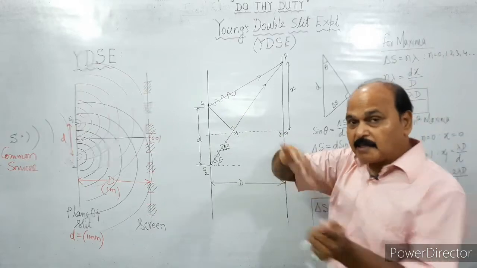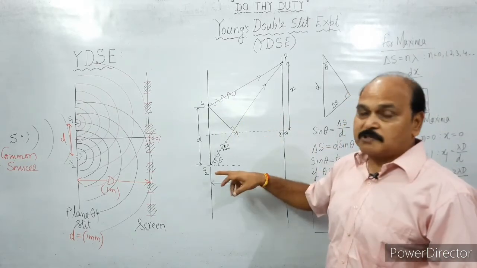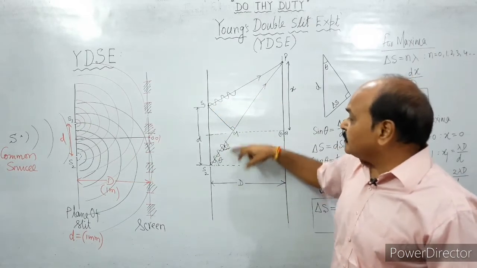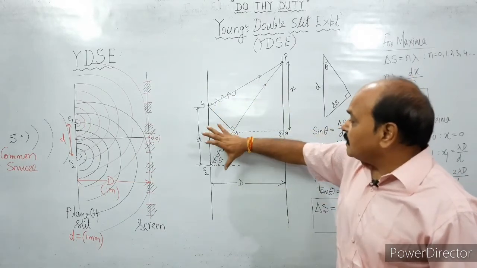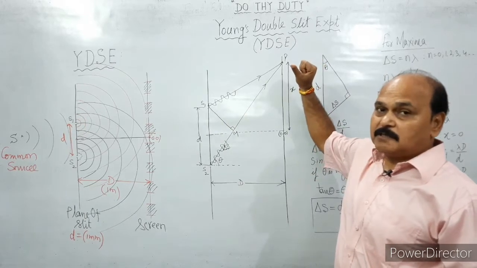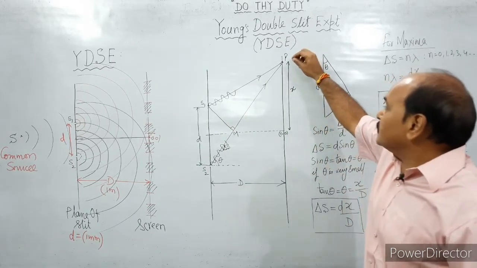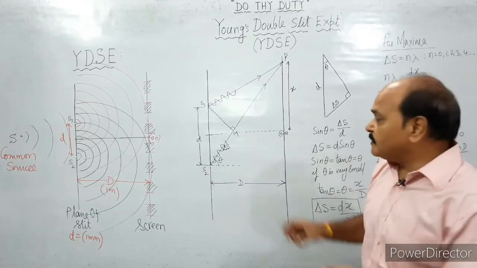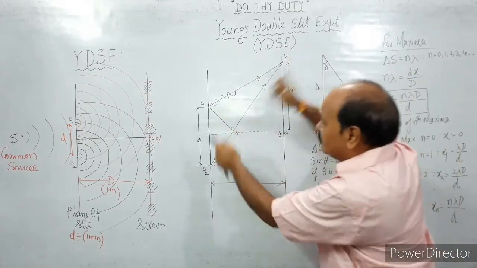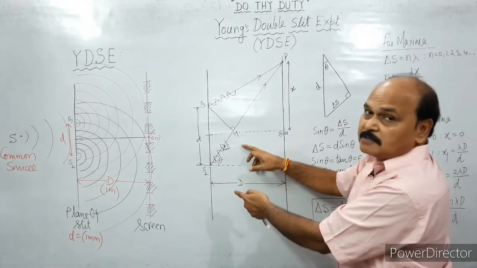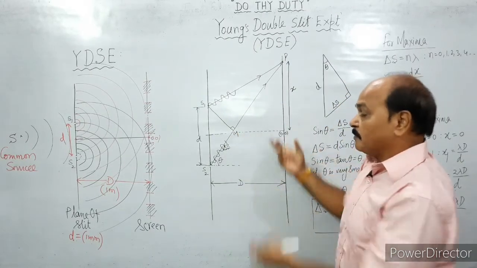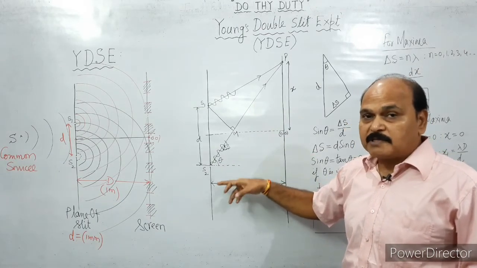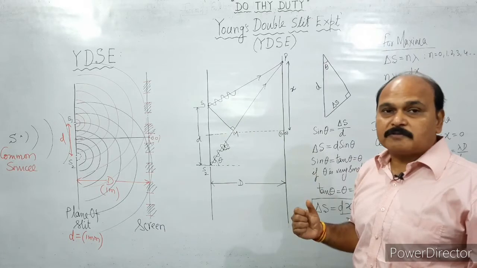The waves emanate simultaneously from both the sources in all directions. So the wave in this direction or in this direction from both the sources come out simultaneously and superimpose over this point of the screen after covering different paths. So the difference of these two distances is the path difference between the two waves. The path difference is the extra distance the wave from one source travels as compared to the wave from the other source.